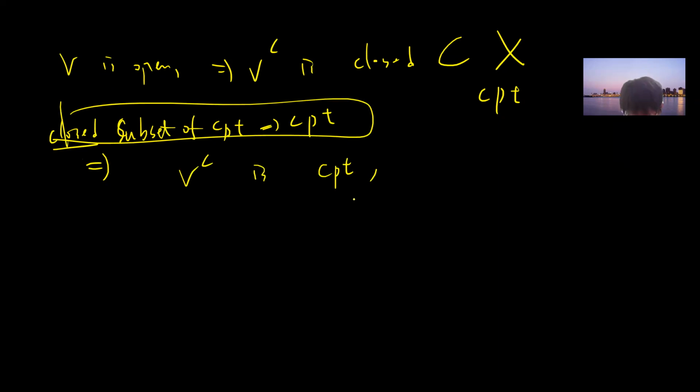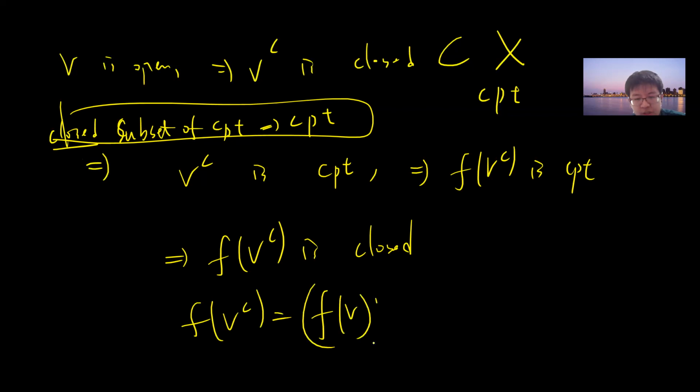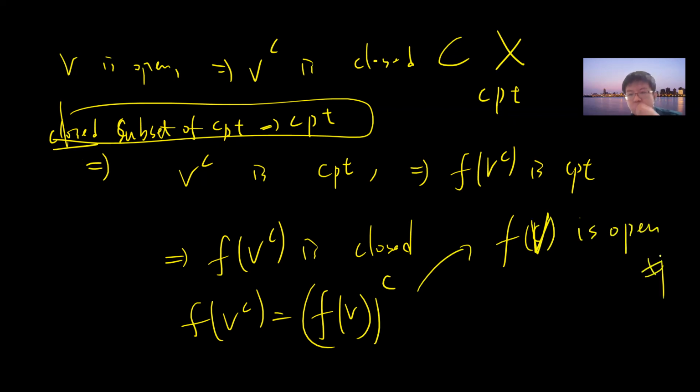Since V^c is compact, by our theorem f of V^c is compact, which means that f of V^c is closed. And f of V^c is just the complement of f of V, which shows that f of V is open. Done.